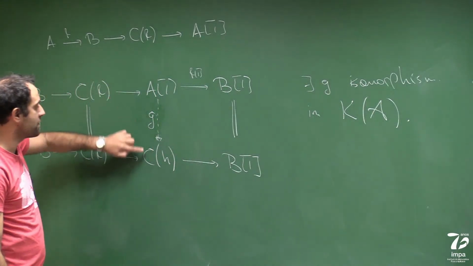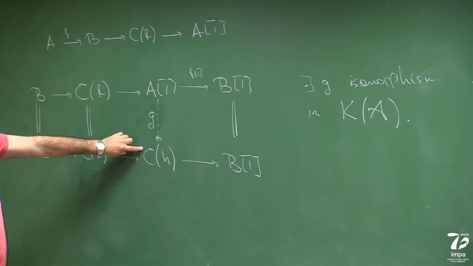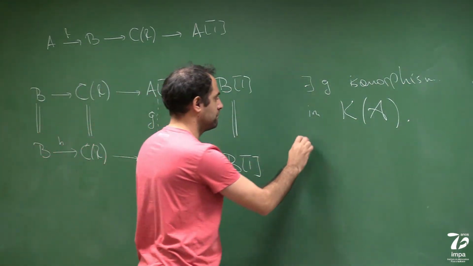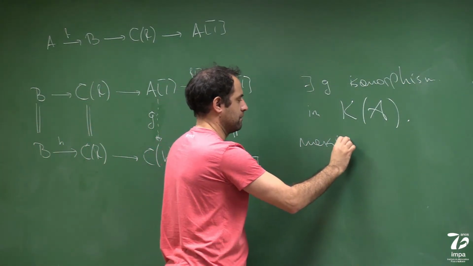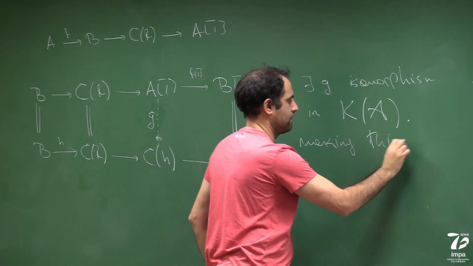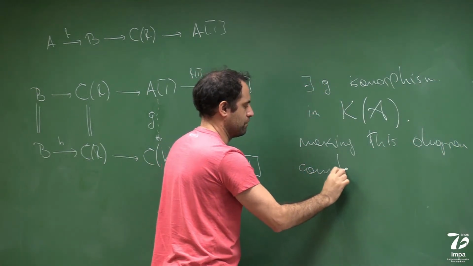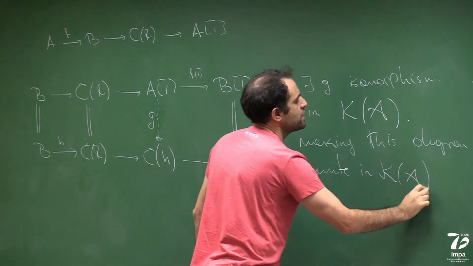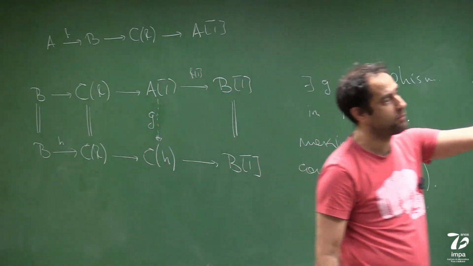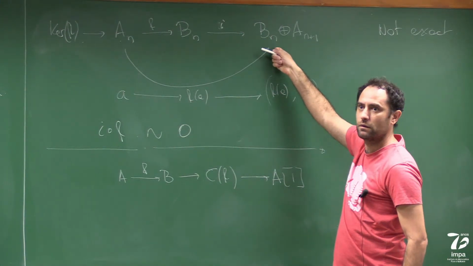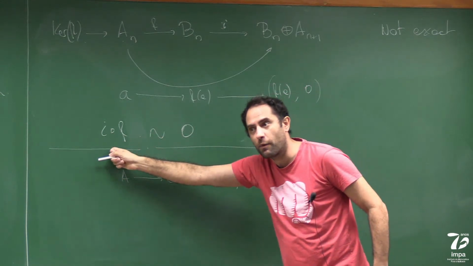So this is certainly not going to be an isomorphism of complexes, but it's going to be something that is an isomorphism in K of A, making this diagram commute in K of A. And notice that we need to pass to K of A because we have this problem that the composition of these two maps, the composition of the map from A to B to the cone of that map, is not 0, but it's something that is homotopy equivalent to the map 0.